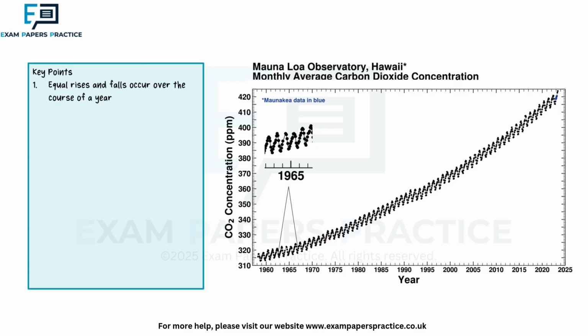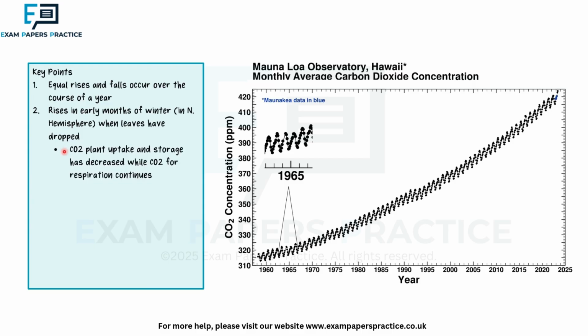Each rise is followed by an almost equal decrease in carbon dioxide over the course of a year. It's followed by another almost equal increase in carbon dioxide, and the pattern repeats. Looking at each year, we can see there's a steady rise in the early months of winter in the northern hemisphere when plant leaves have dropped, thereby reducing carbon dioxide uptake and storage of carbon.